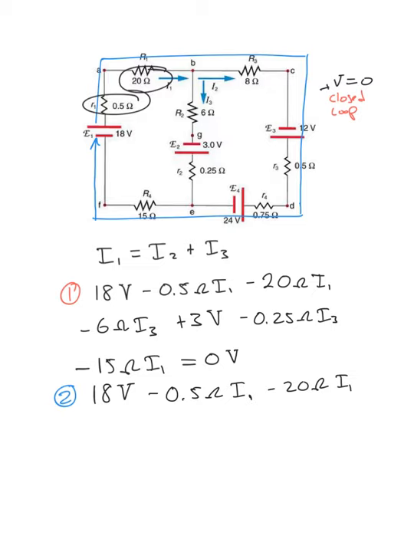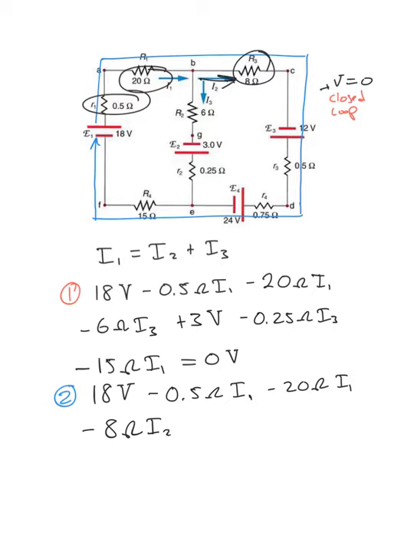Next, we continue to the right and we reach R3, our 8 ohm resistor. And because our current is moving to the right in the same direction that we are traveling around the loop, we lose 8 ohms multiplied by I2.